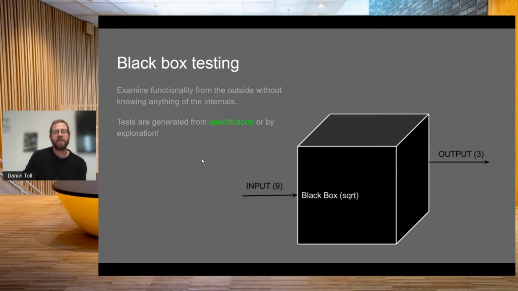So black box testing means that we have a black box, a function that we're investigating. And we want to explore this from the outside, from the requirements side, or from the specification side. And this is how I think you should work in assignment 1, at least first. You select inputs and you calculate yourself the expected outputs using the specification.